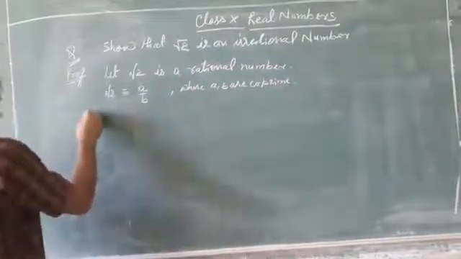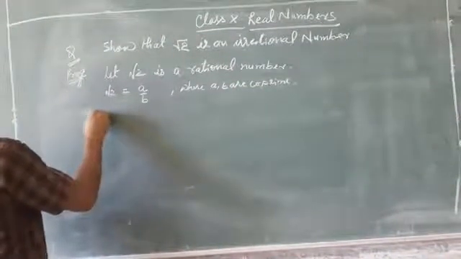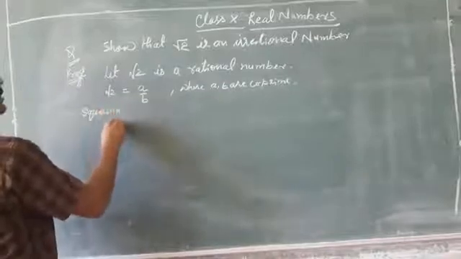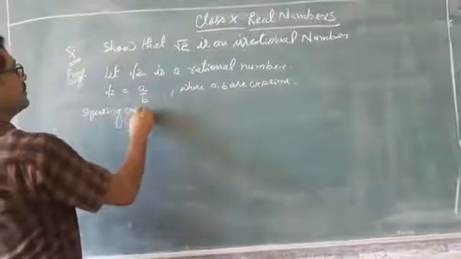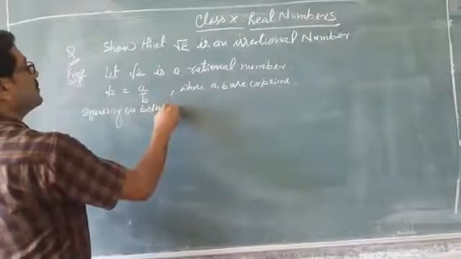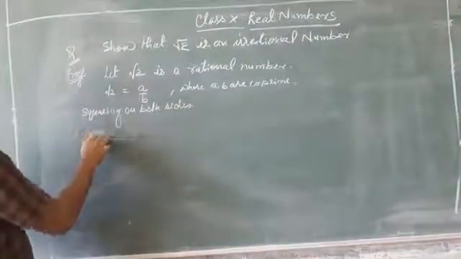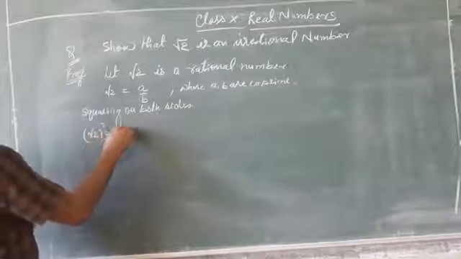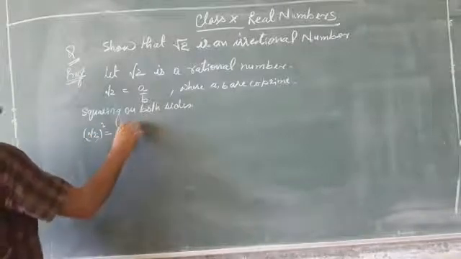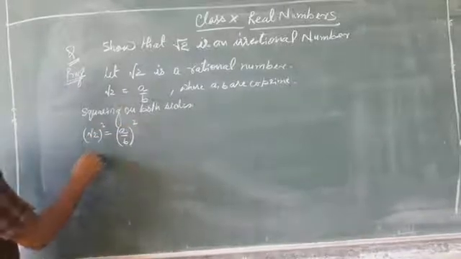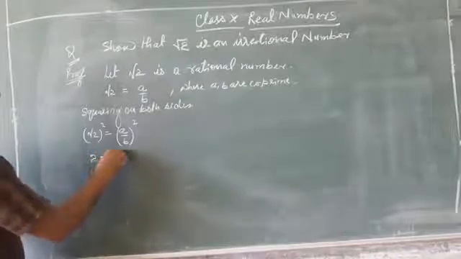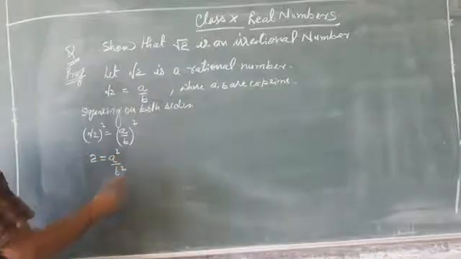So, squaring on both sides, root 2 squared is equal to a upon b squared. This means 2 is equal to a squared upon b squared.